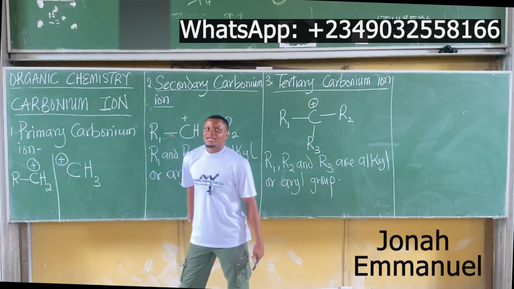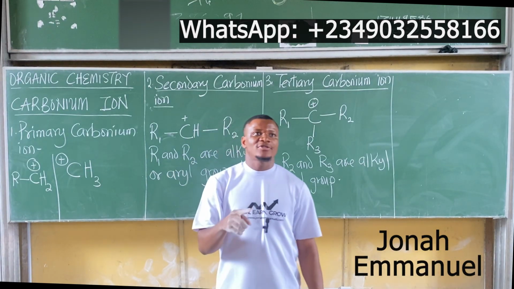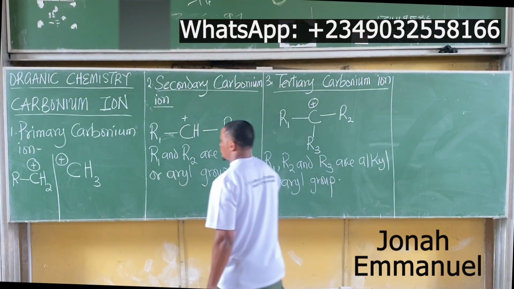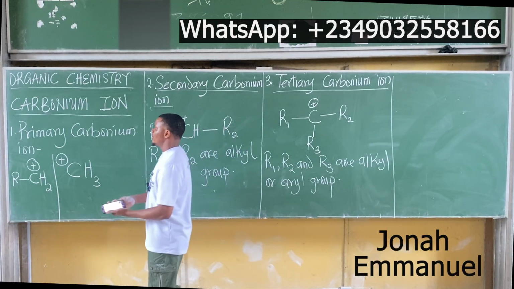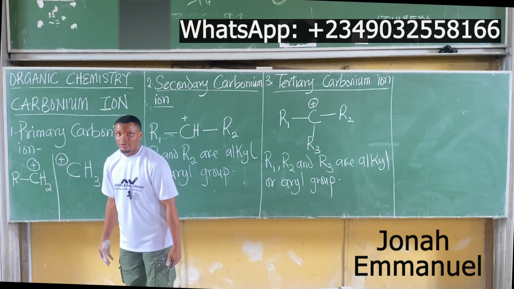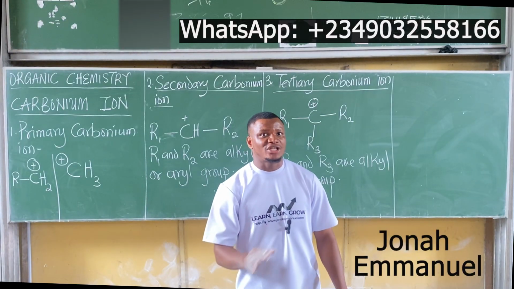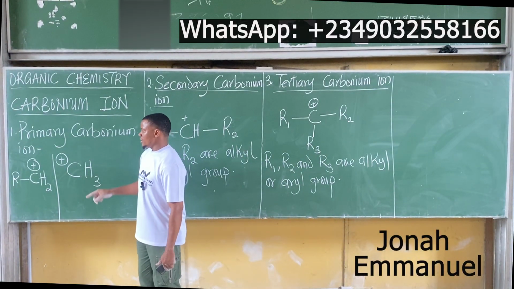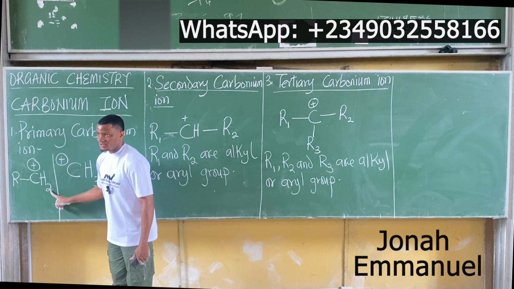Now, what to note about carbonium ions is that they are cations, meaning they are positively charged. The difference between primary, secondary, and tertiary is that a carbon is said to be primary if it is attached to just one alkyl group and hydrogen.